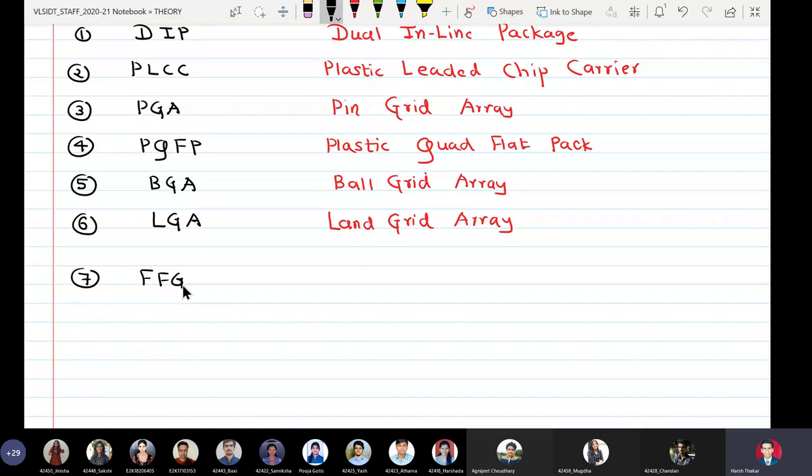FFG. FFG is the latest package which is used by Xilinx as well as Intel for their latest FPGAs. So FFG is little complicated. It is a flip chip, fine pitch.